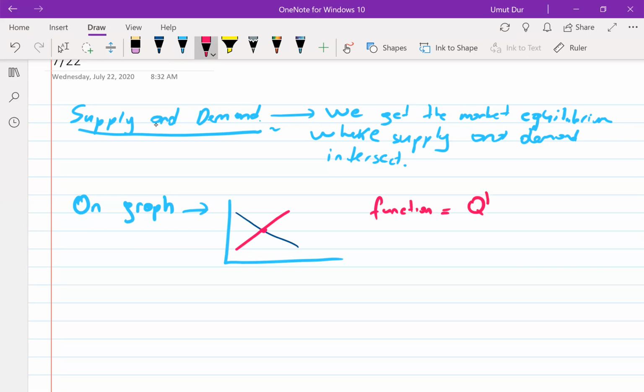So we have Q demand equal to Q supply, and we find the equilibrium. Okay, so there are some questions which are somewhat tricky.